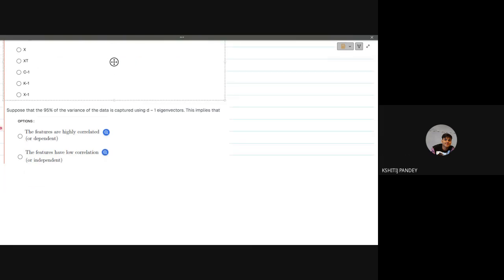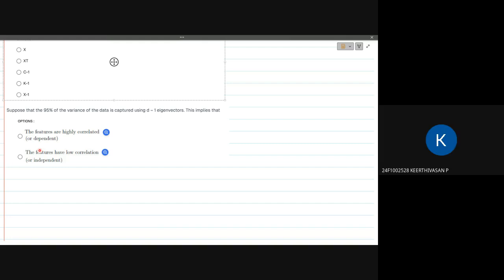In the last question, suppose that 95% of the variance of the data is captured by using d minus 1 eigenvectors. What does this imply? Either the features are highly correlated, or the features have low correlation. What can you say? Highly correlated.